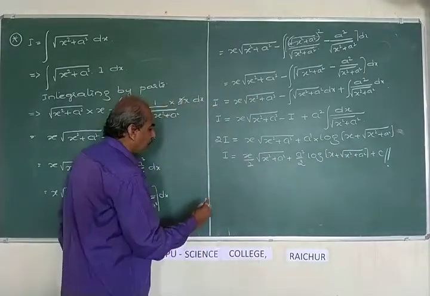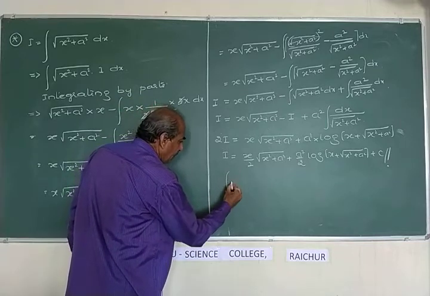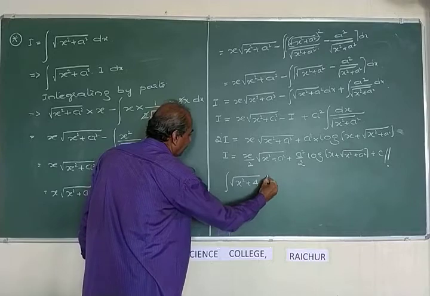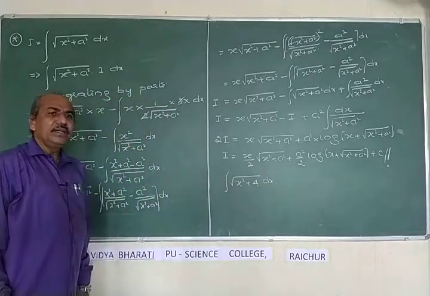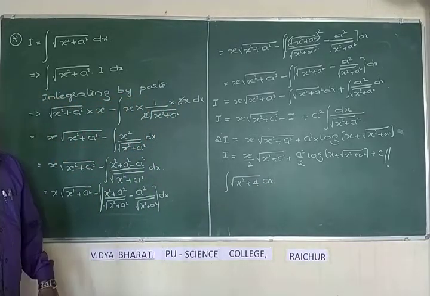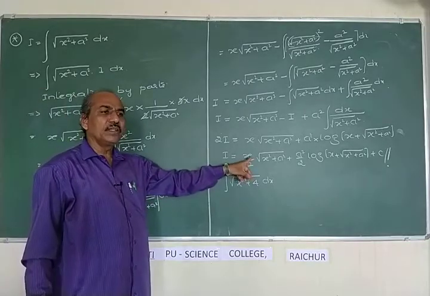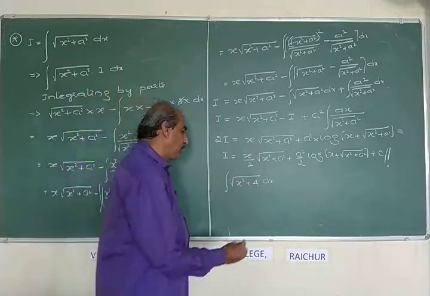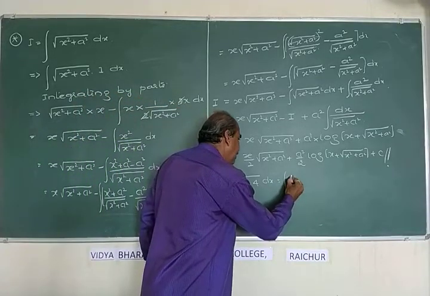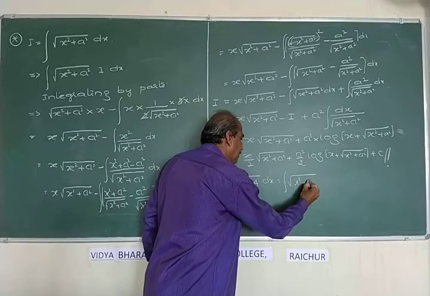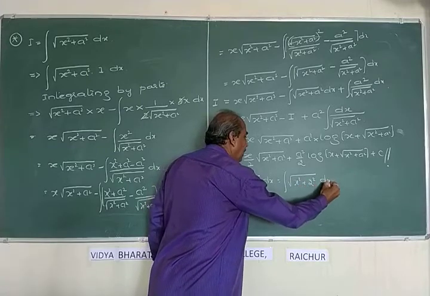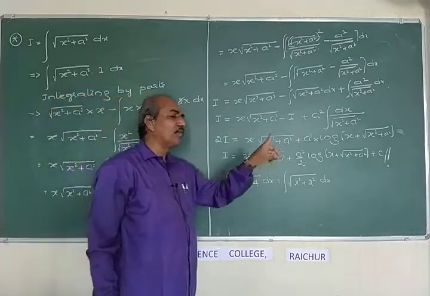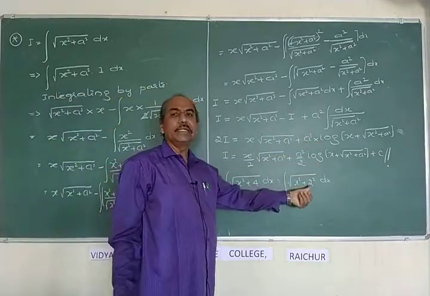So, a simple example I will give you. Say, for example, root of x square plus 4 is given. You need not work it out in detail; you should remember this formula. The only thing is you have to write the value of a. How do you write this? This can be written as the integration of square root of x square plus 2 square. So in the formula, wherever you find a, it is replaced by 2.